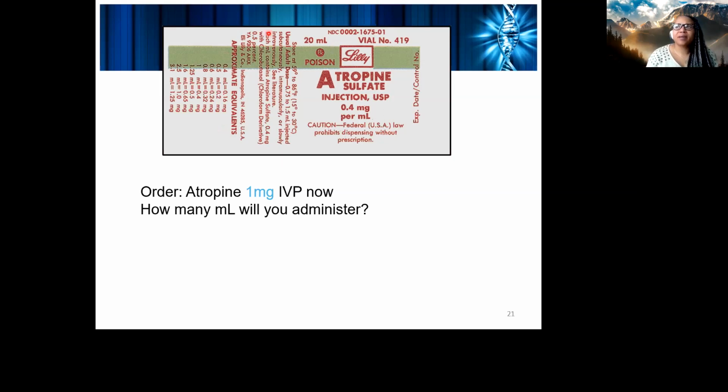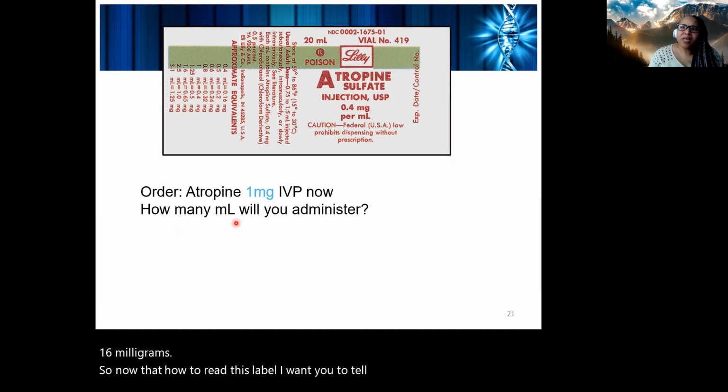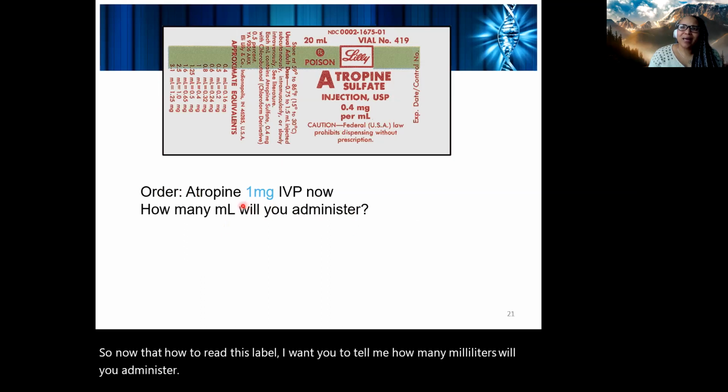Very good. 0.16 milligrams. So now that you know how to read this label, I want you to tell me how many milliliters you will administer for 1 milligram of atropine.